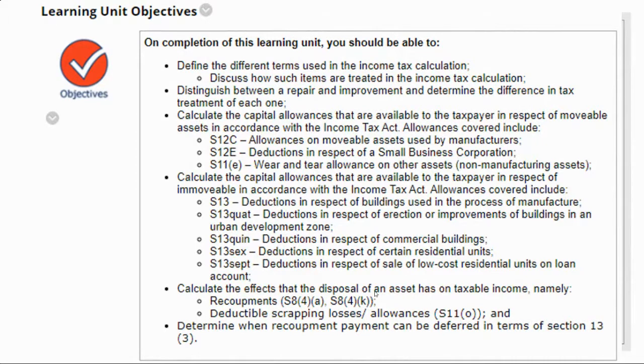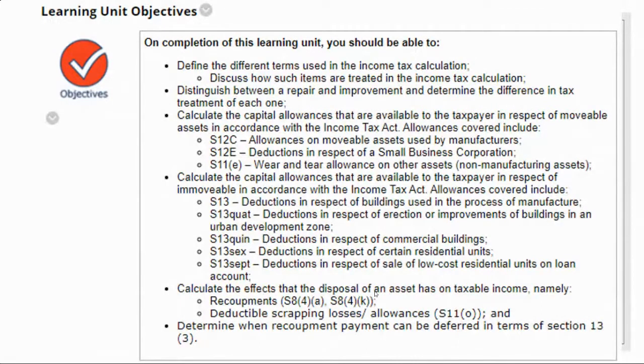And then depending on whether you have purchased or erected a building or office building, you would have to apply the 55% if you've created a new building, or the 30% if you've bought it secondhand. And then they've got additional items for your low cost residential units, and the percentage is applicable to that, and we're quickly going to go through that as well.